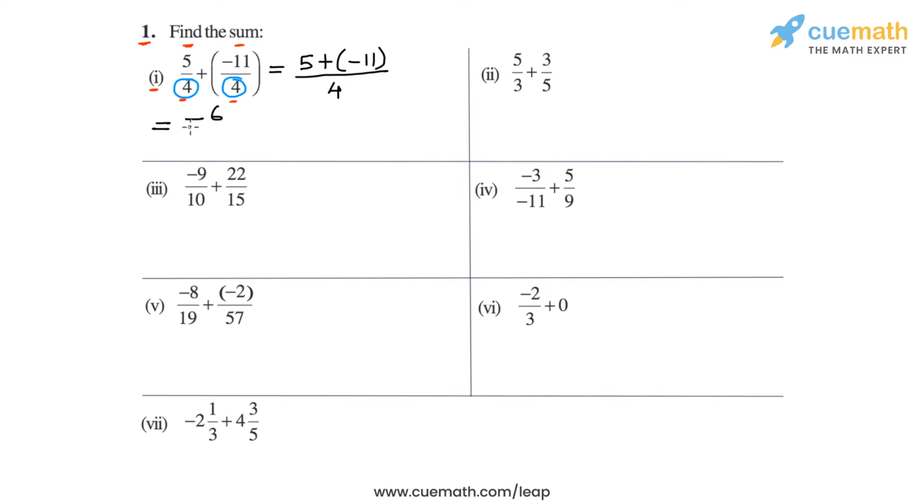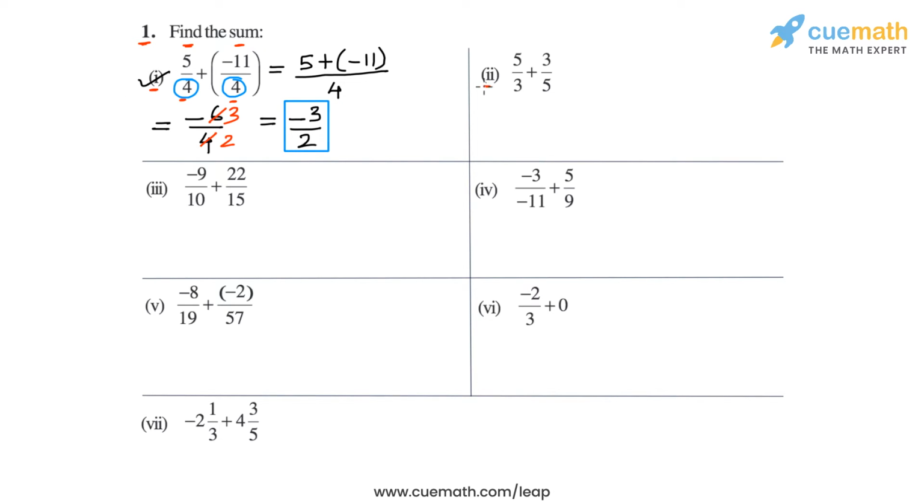So we will get minus 6 by 4, and HCF of 6 and 4 is 2. So we divide by 2 above and below. So that will give us minus 3 in the numerator and 2 in the denominator. So we will get minus 3 by 2. So in part 1, the sum is minus 3 by 2. This is the answer for part 1.